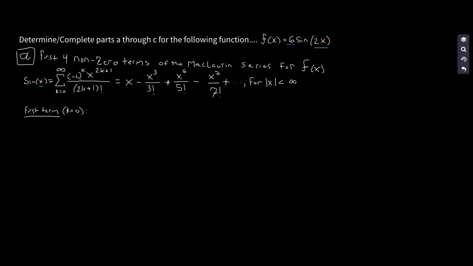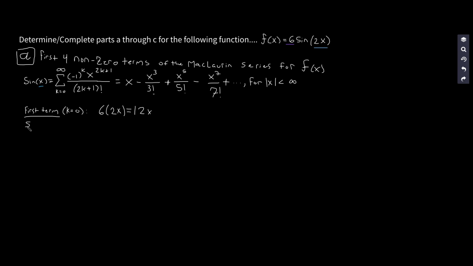Yeah, 1. Okay. Replace x with 2x, but then because there's a 6 in front of that sine, there's going to be a multiplication of 6 involved. This is going to be 12 times x.